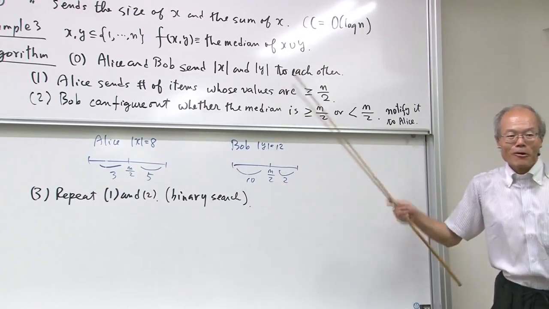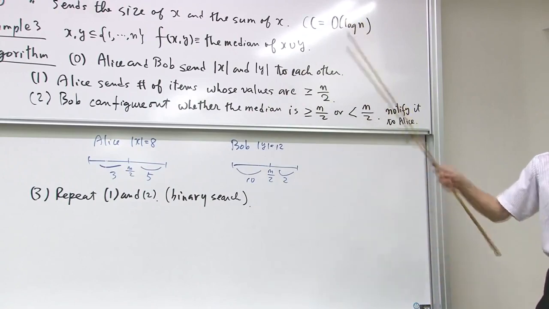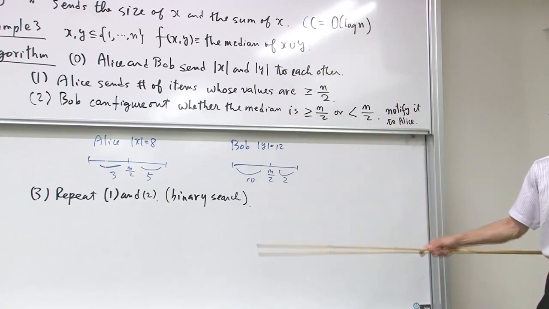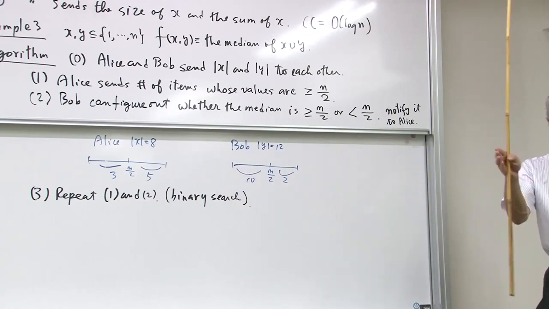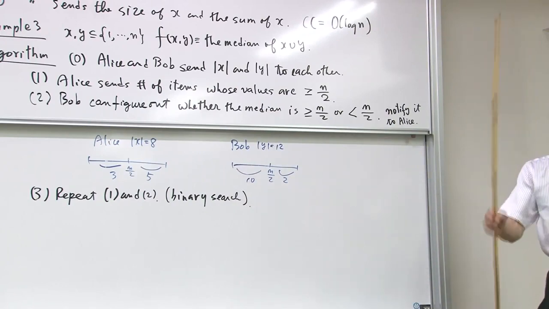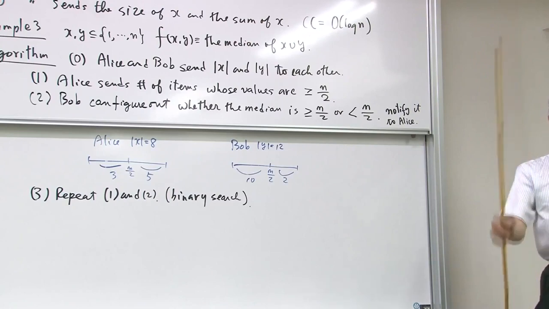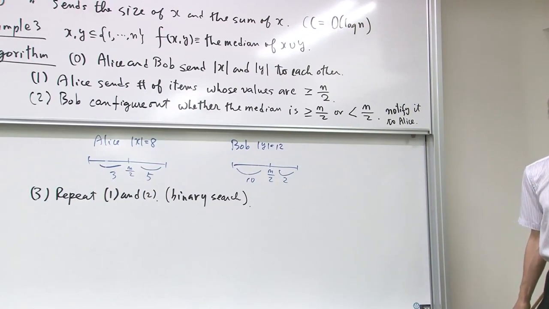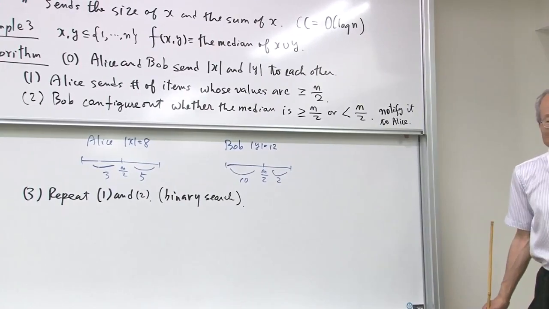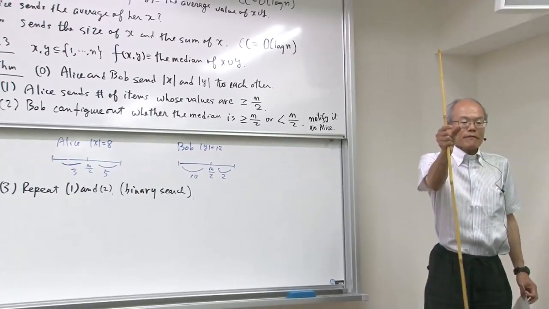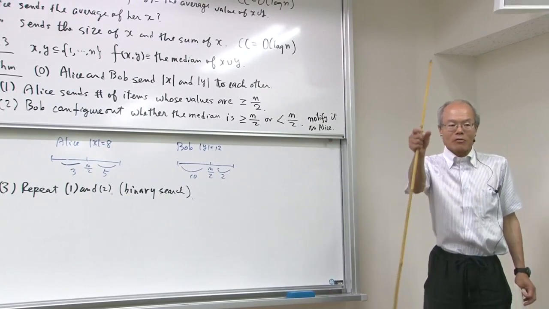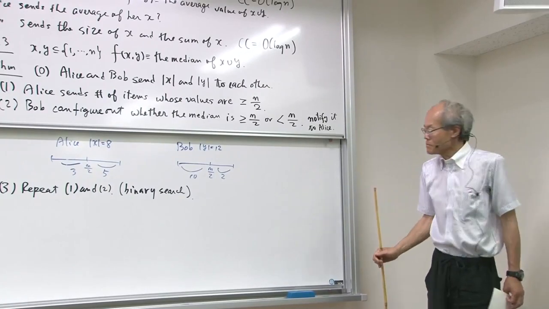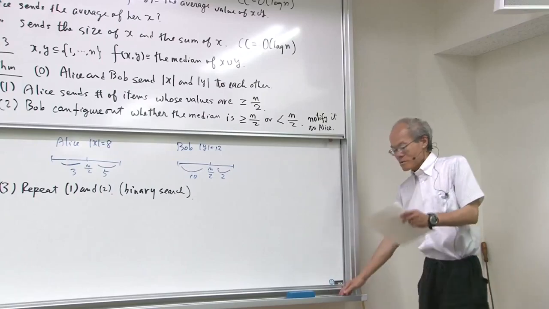After log n rounds of this repetition, the area of the candidates for the median should be very small, just one number, just a constant number of numbers. Okay. So we are done.